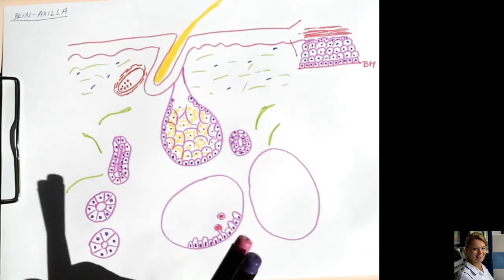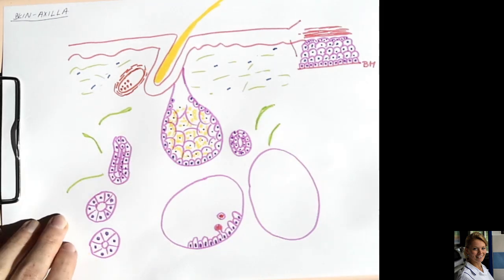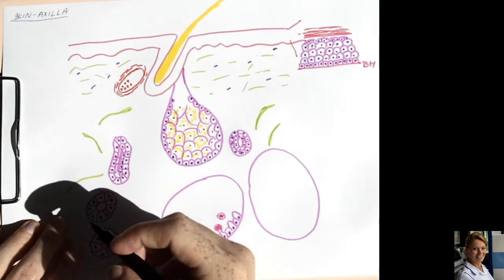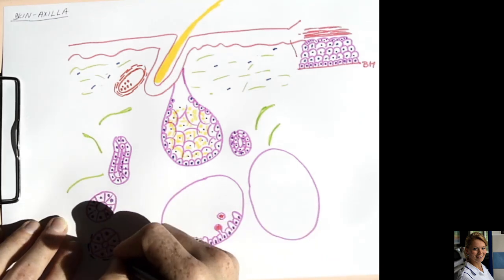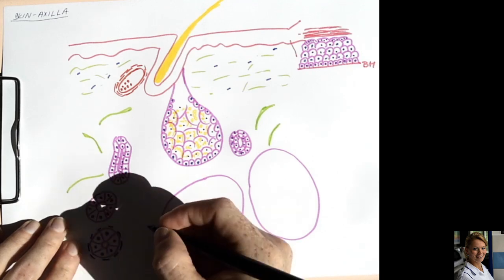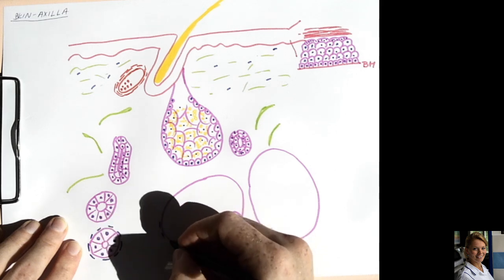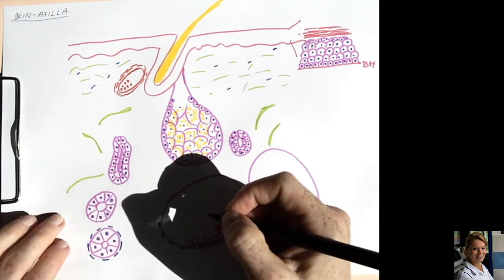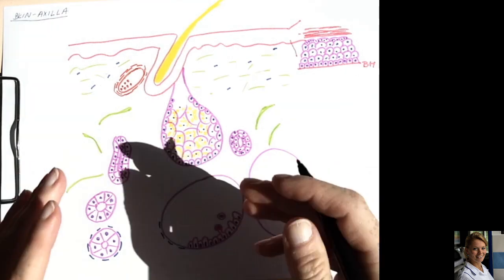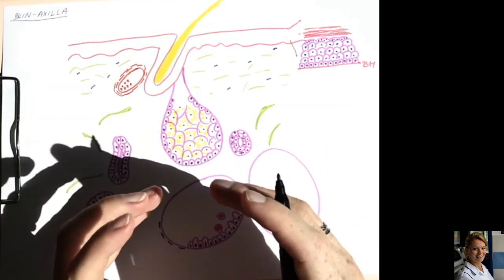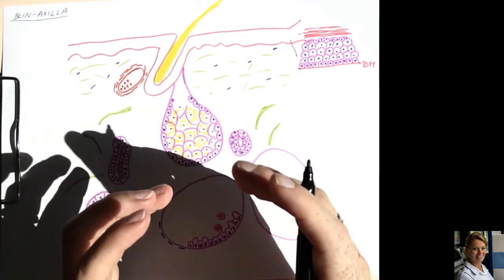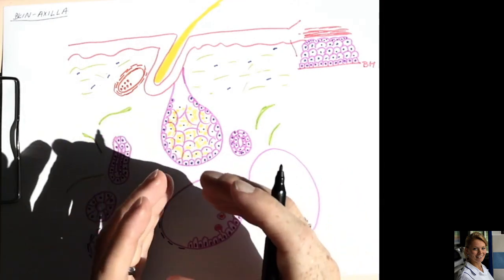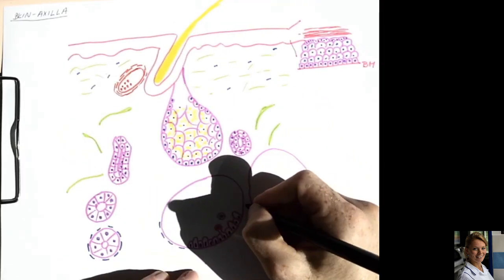Around the secretory portion of the eccrine sweat glands and apocrine sweat glands, there are myoepithelial cells, whose contraction facilitates the secretion, helping the movement of the secretion to the duct.